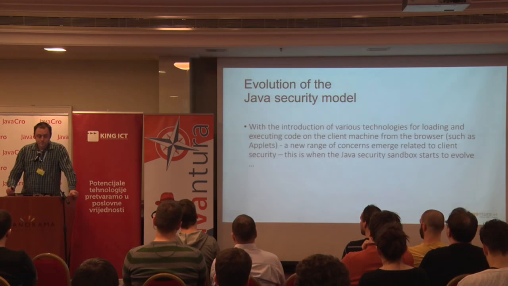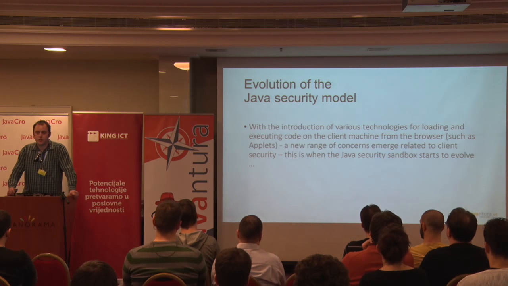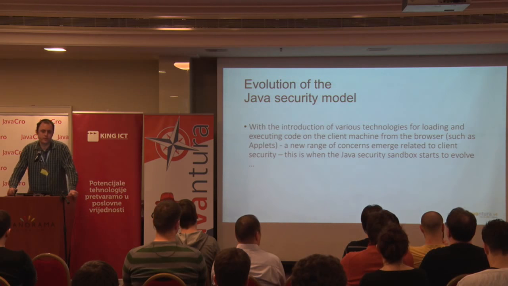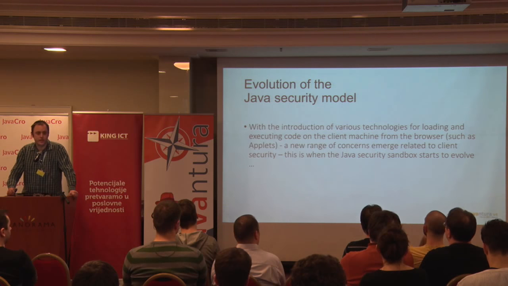However, with the introduction of various technologies that allow you to execute source code directly from the browser, such as Microsoft Silverlight, Java applets, Flash, and other types of technologies, a whole new range of security risks arises on the horizon.